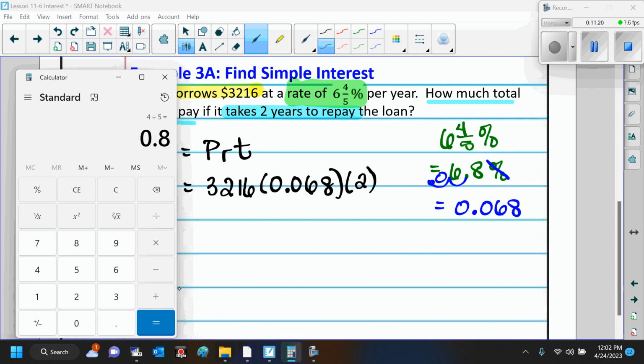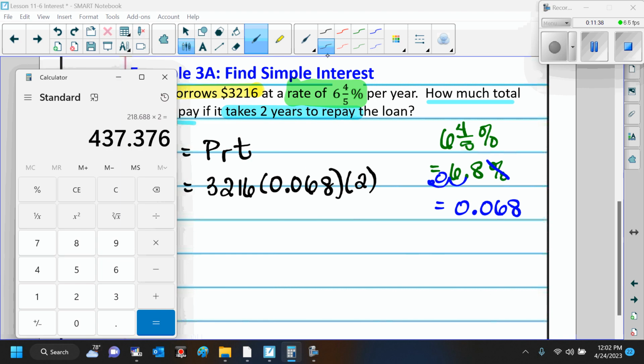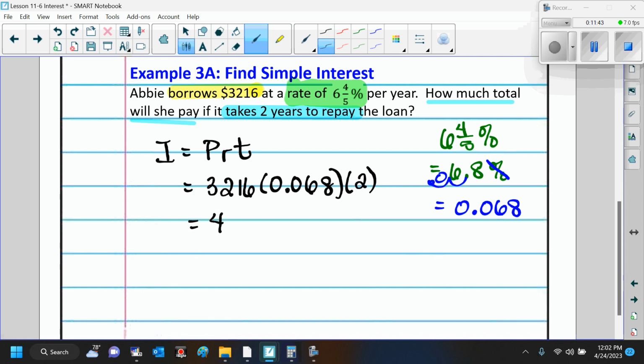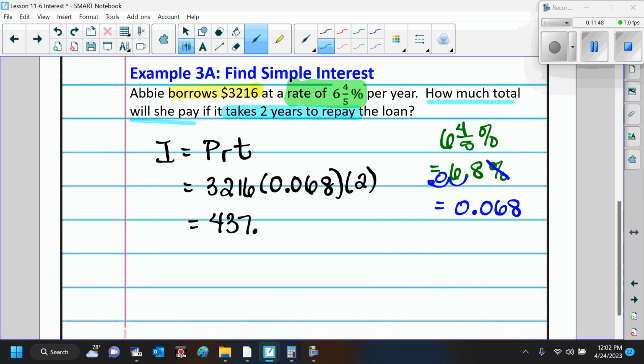So $3,216 times 0.068 times 2 years, and that gives us 437.376.